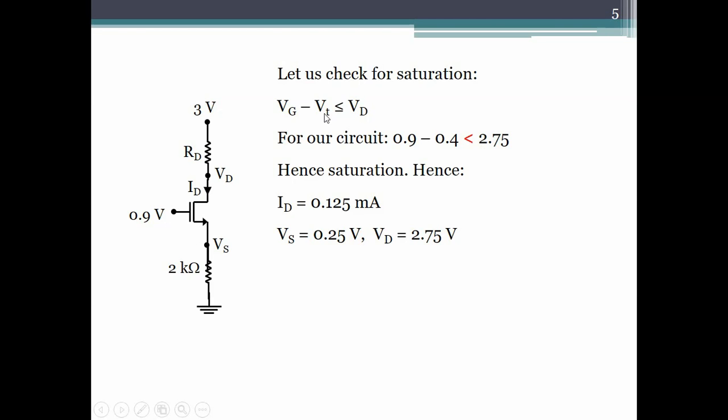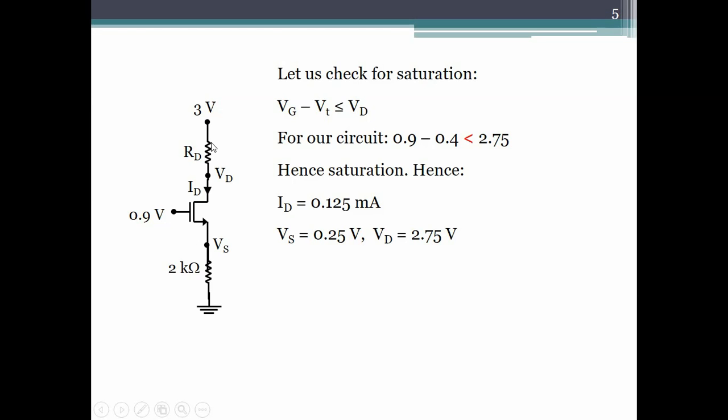VD is 2.75, 0.9 minus 0.4, which is less than 2.75. So yes, the answer is correct and the transistor is in saturation, and these are the numbers. So the drain current and the source voltage are the same in this circuit as the circuit without RD. It's an important recognition.